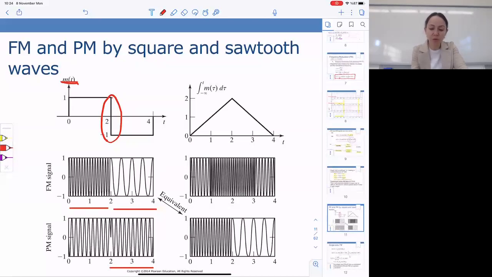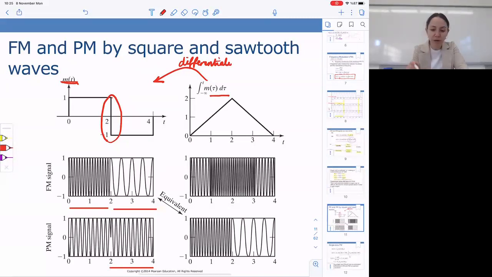Now think of the sawtooth wave. Okay. Now, how about frequency modulation with this? The analogy to phase modulation may come in handy, because if we differentiate this, we will obtain the signal on the left.